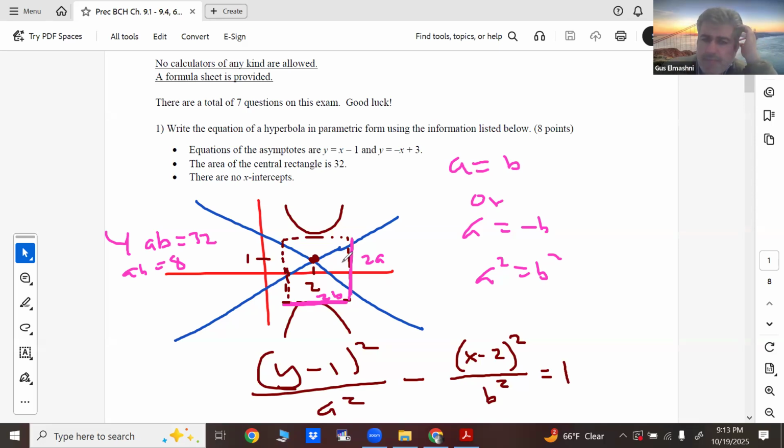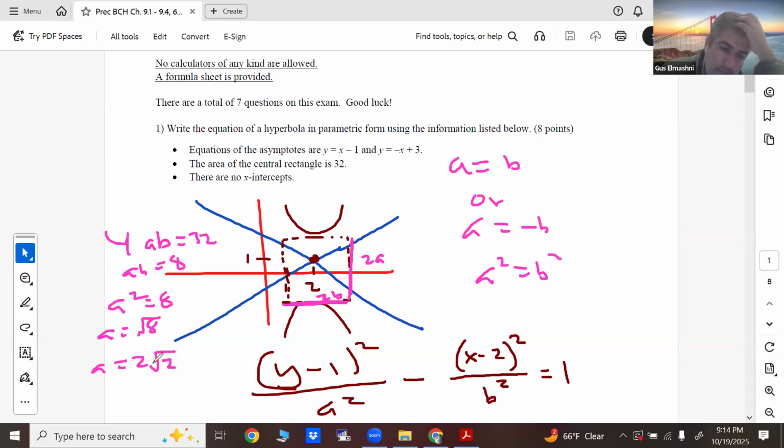And we also know that actually now we have enough, because if A equals B, or A equals negative B, but I guess it might be easier to say A equals B. So A squared equals 8. A is root 8, or A is 2 root 2.